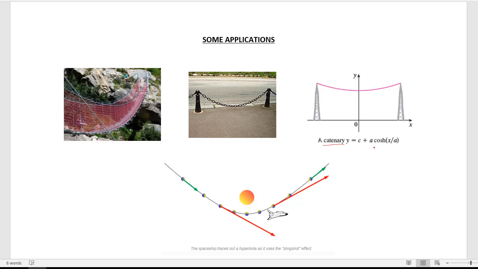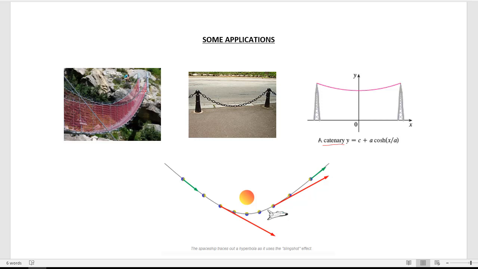The exact form is a hyperbolic cosine. If we place the origin between the two poles, the hyperbolic cosine describes the shape of that graph. Ditto here, I have two poles and a weighted chain, and this sag is described as a hyperbolic cosine function. And here's a picture of a bridge, and the weighted bridge follows the shape of a hyperbolic cosine function.